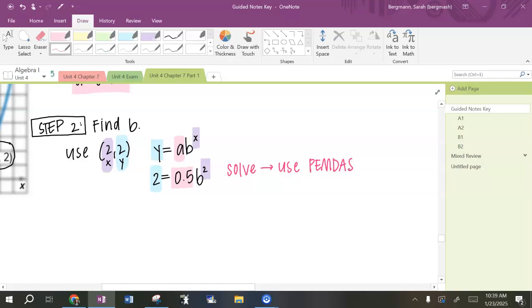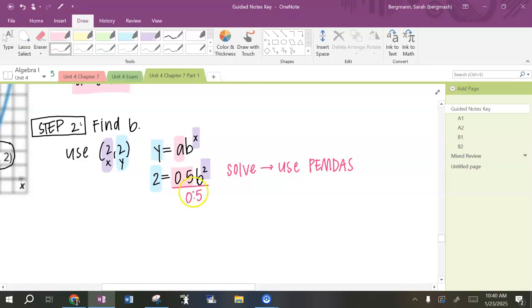So if you're working backwards here and we're looking at our variable on this right side, we know normally we would do exponent then multiply, but if we're solving, we're working backwards. So we're going to deal with the multiplying by 0.5 first. Ask yourself, how do you undo multiply by 0.5? How do you cancel that out? The inverse of multiply is divide by 0.5.